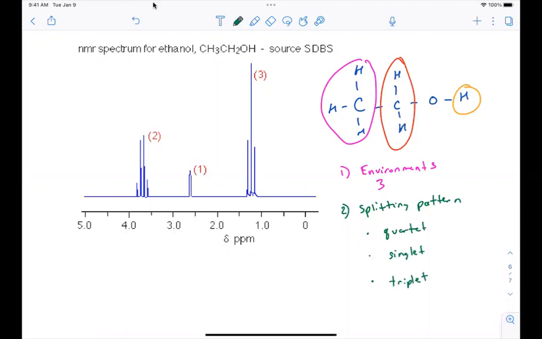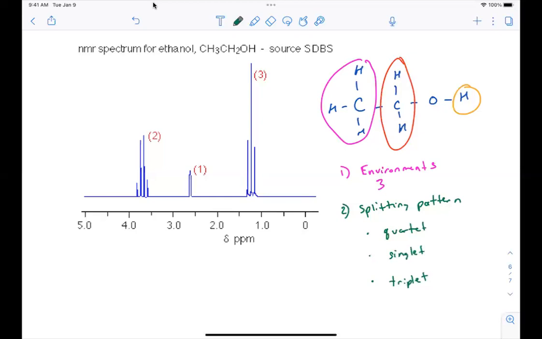What kind of splitting pattern should this one have based on what it's around? How many neighboring hydrogens does it have? Nope, 2. This is the environment. There are 2 neighboring hydrogens. So what should it split into? Triplet, right? It's the number of neighboring hydrogens plus 1. So it's 3. So that should be a triplet.